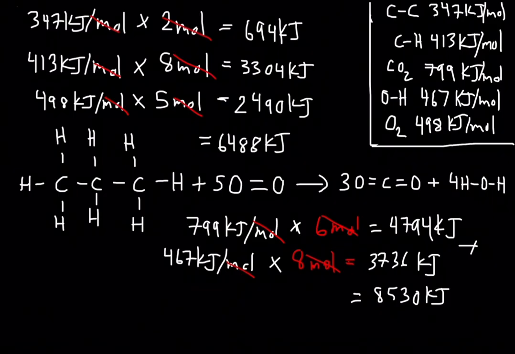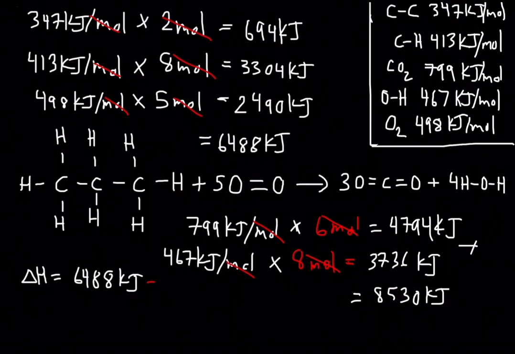Now the enthalpy change is the reactants minus the product. So delta H is equal to 6,488 kilojoule minus 8,530 kilojoule.